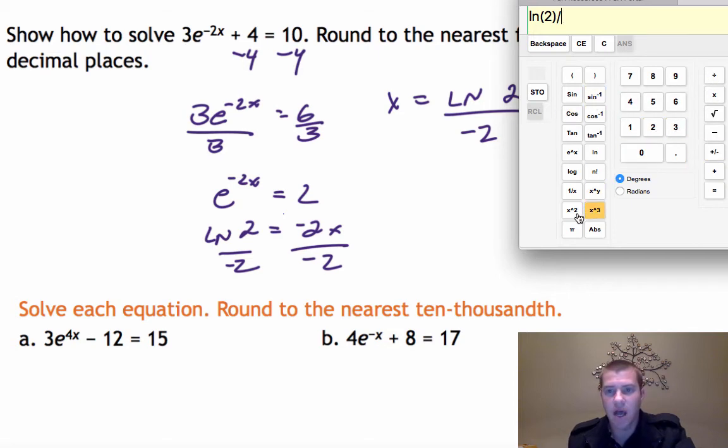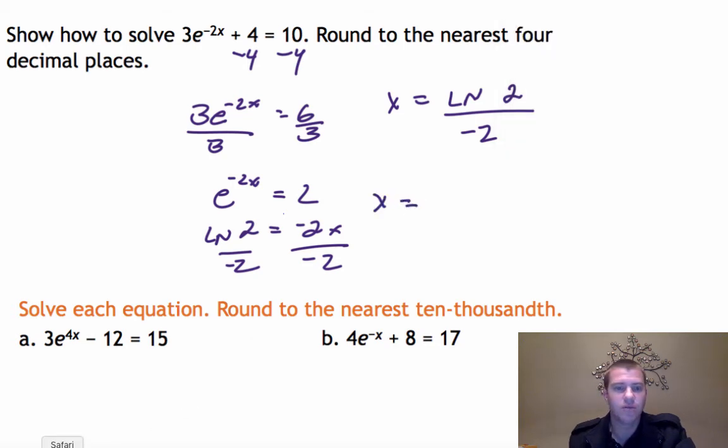My negative sign is not this one, but this one, negative 2. And I get x is equal to negative 0.3466, and it actually is approximately equal to because I rounded.